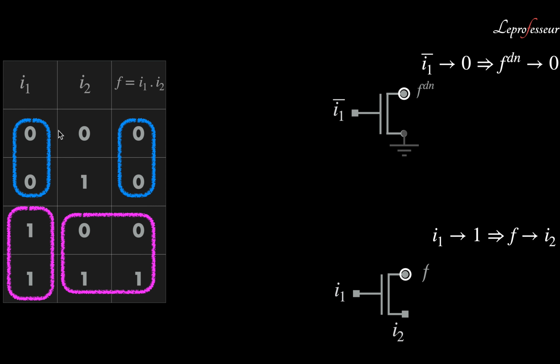And it doesn't matter what the value of I2 is, as per the truth table. If I1 is 0, and one terminal is connected with the ground, it will produce 0. So that's good.